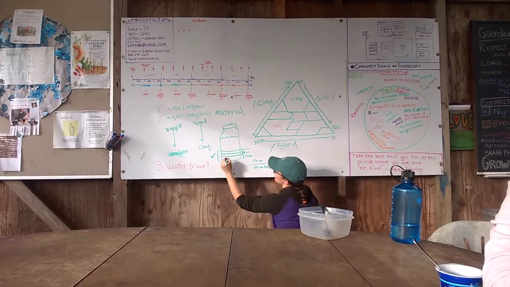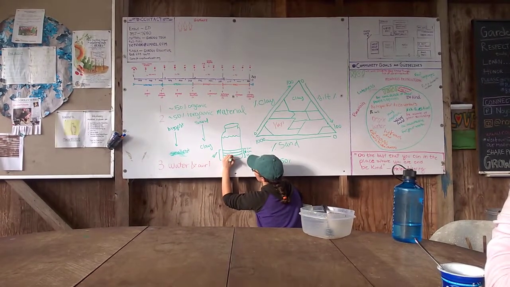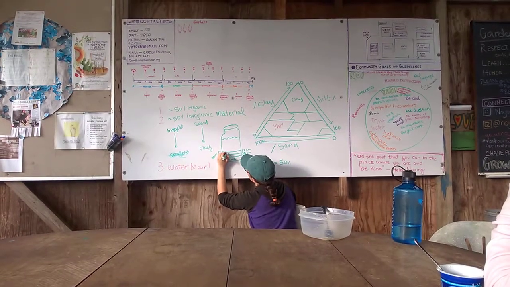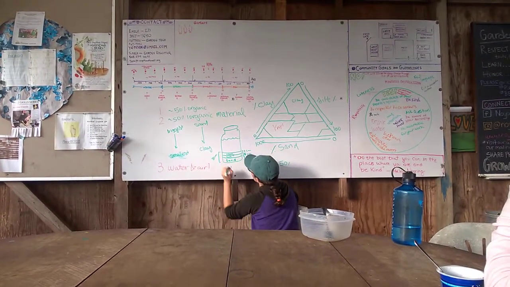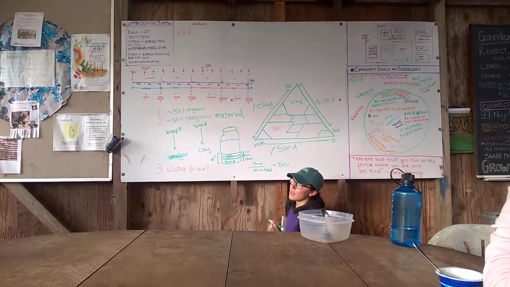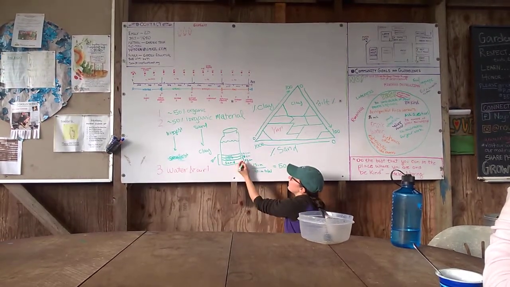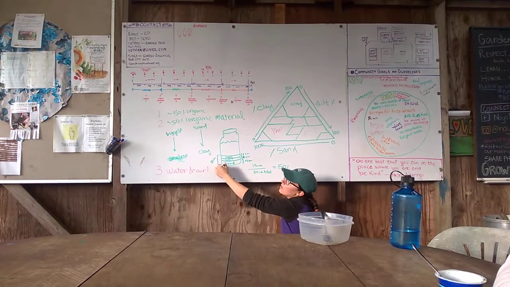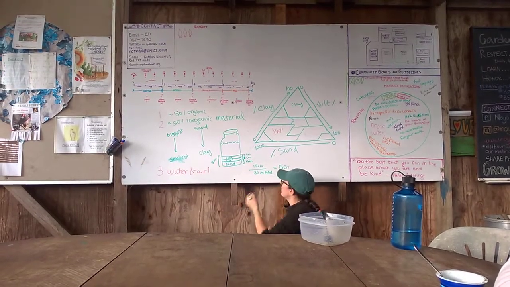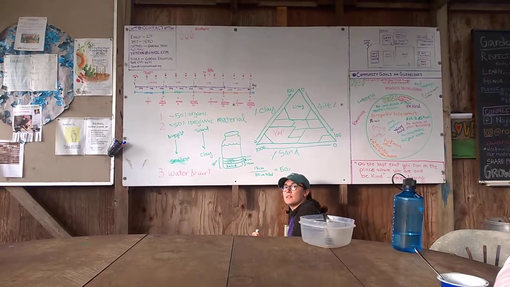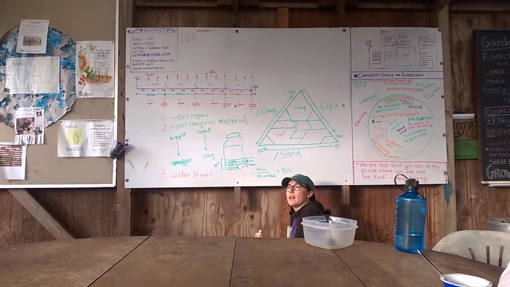Since this is sand, this is silt, and this is clay, we know that our soil is 50% sand, because 50% of the total of what we have is sand. And then we do the same thing for the other 2 layers.